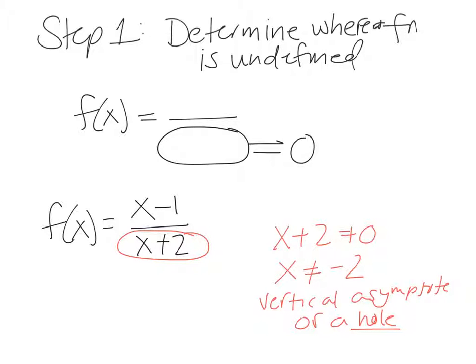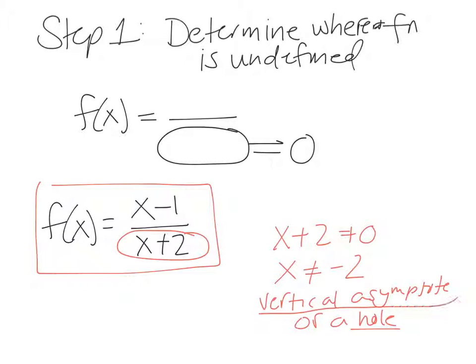If that happens for one of these x values, then it's a hole in the function. It's not an asymptote. So can I simplify the function that we have here? Can I factor anything and cancel? No. If I can't factor anything and cancel, then any x value you plug into the bottom that makes it 0 is a vertical asymptote. So this one is going to be a vertical asymptote, not a hole. We'll do one that's a hole later.